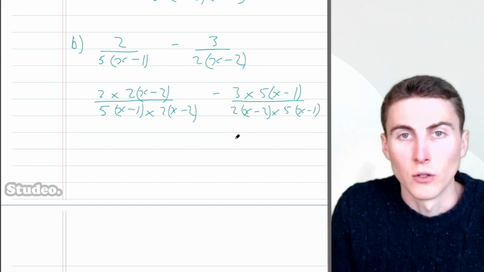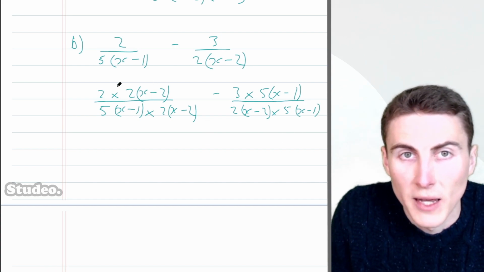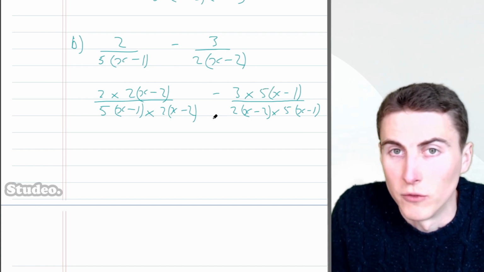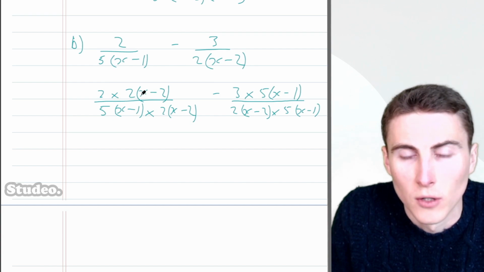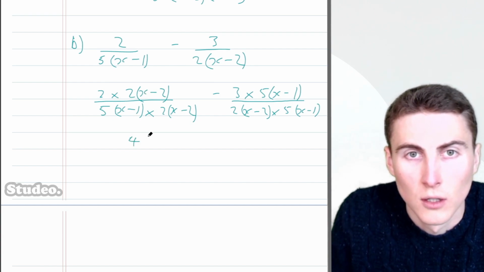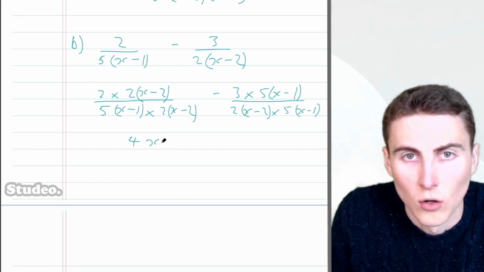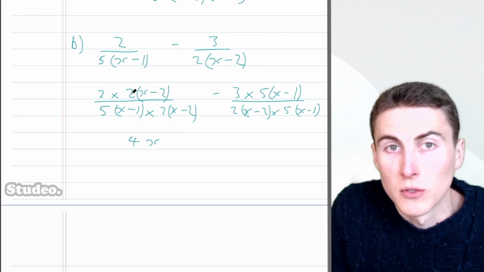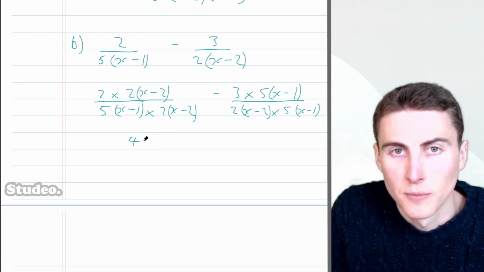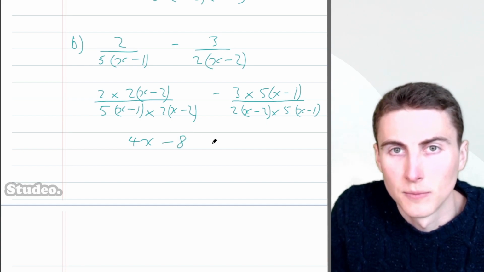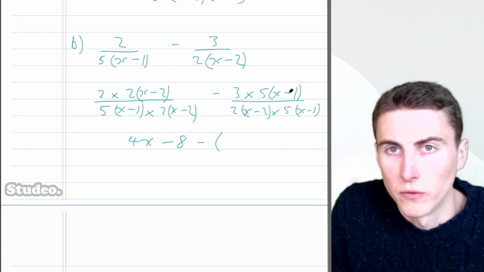Okay, so now we can actually expand these numerators or simplify them and subtract them over the common denominator. So over here, we're going to have 4 sets of x minus 2. Or I could just expand all that at once. 2 times 2 is 4 times x gives us 4x. And then 4 times minus 2 is minus 8. And then over here, we can subtract all of this bit.